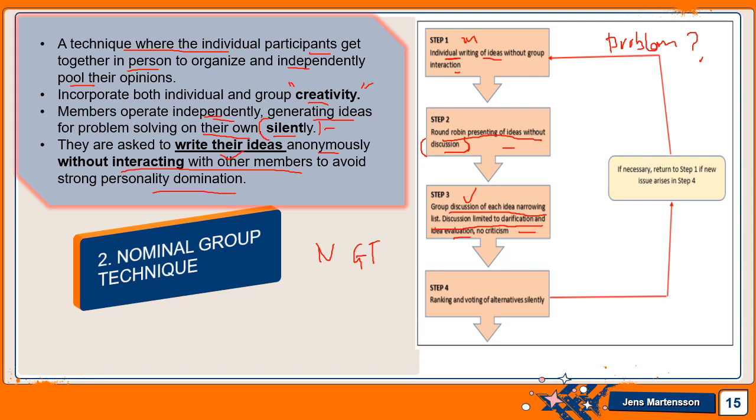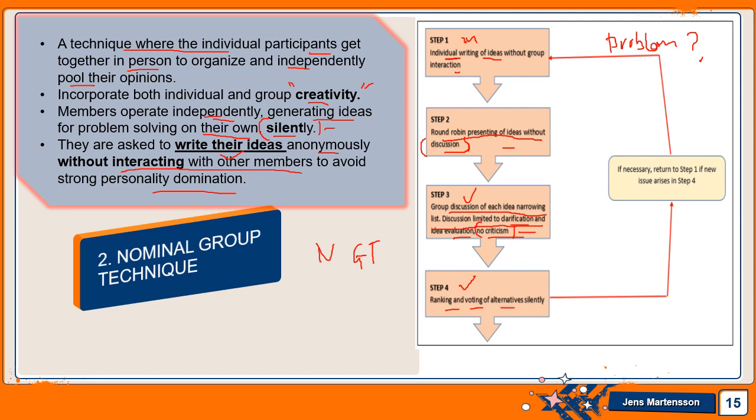But the discussion does not involve any criticism. So perbincangan tu tidak akan membenarkan criticism of ideas. Perbincangan dia tentang apa? Perbincangan hanya untuk mendapatkan penjelasan. What is the meaning of this idea? Clarification only.